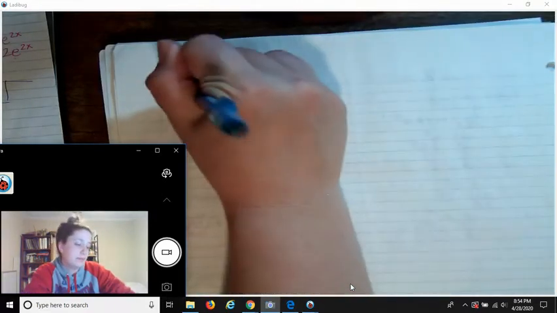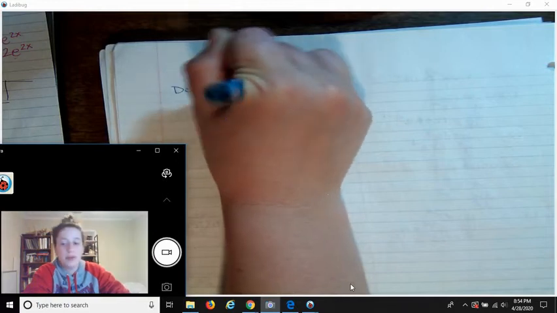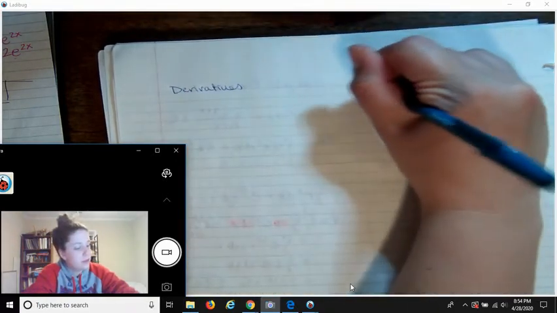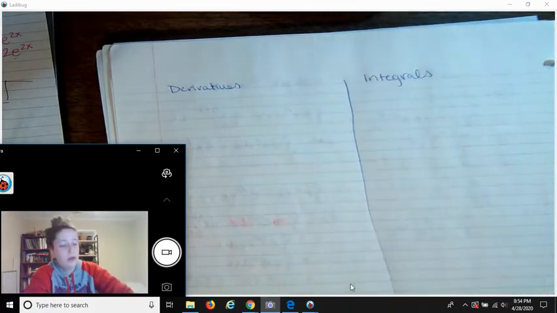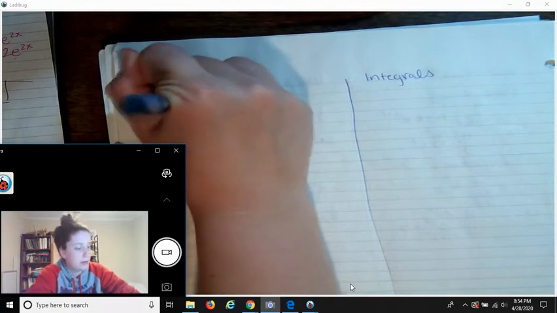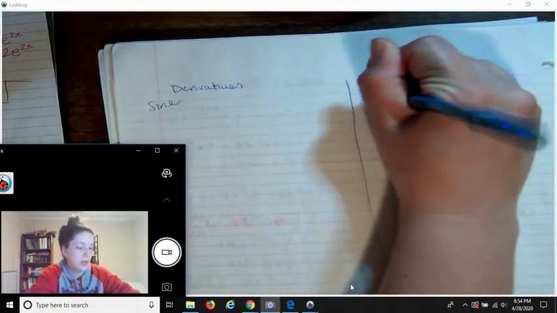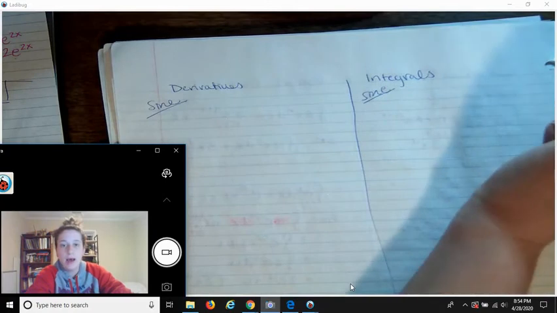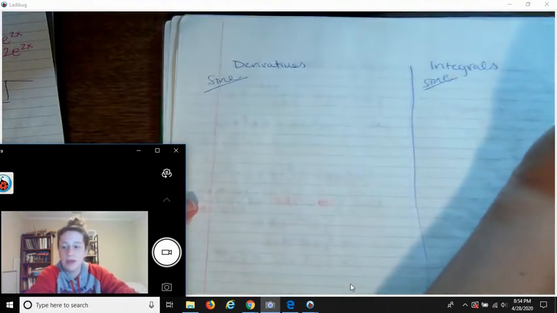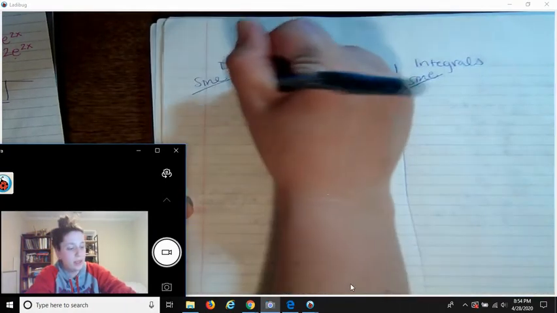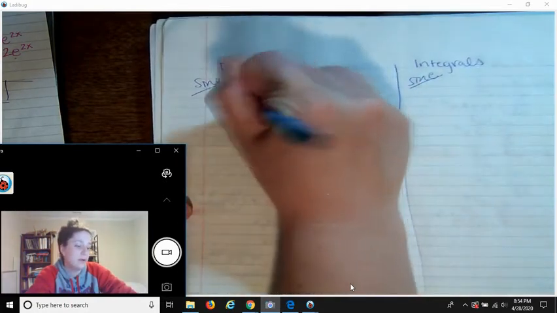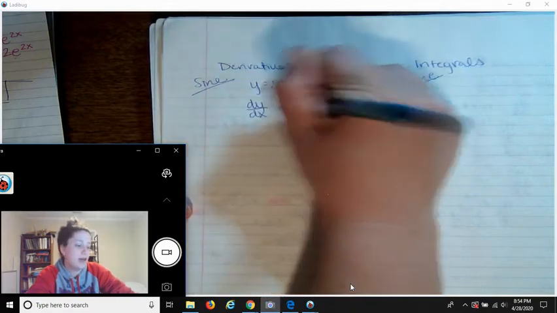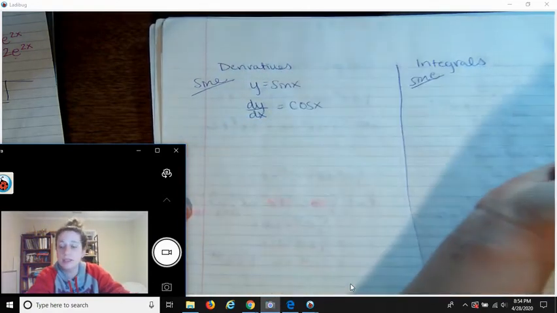Okay, so we're going to do the same thing. We have derivatives, we have integrals. Okay, we're going to have sine here, sine there. And then we're going to have y equals sine x. We figured out that our rule is that the derivative of sine is cosine of x.